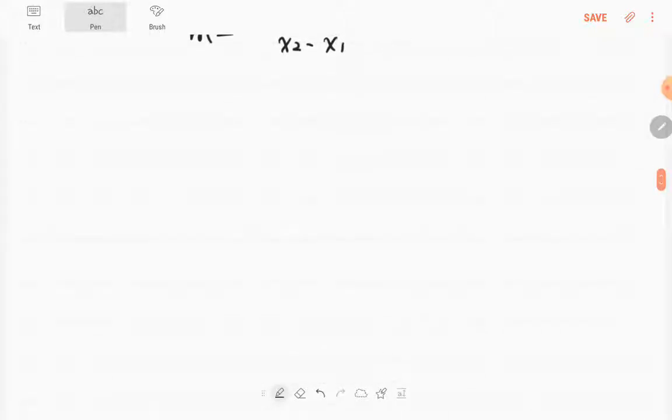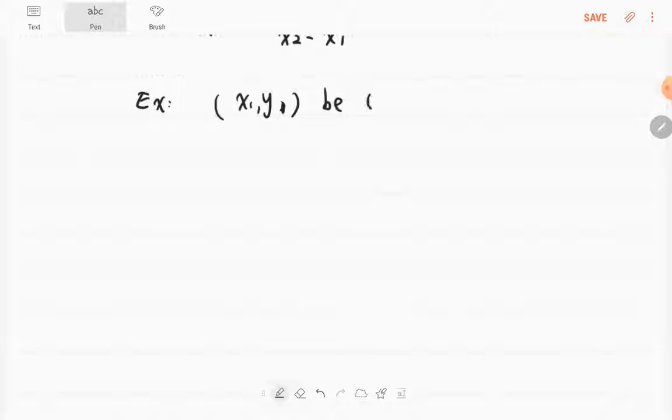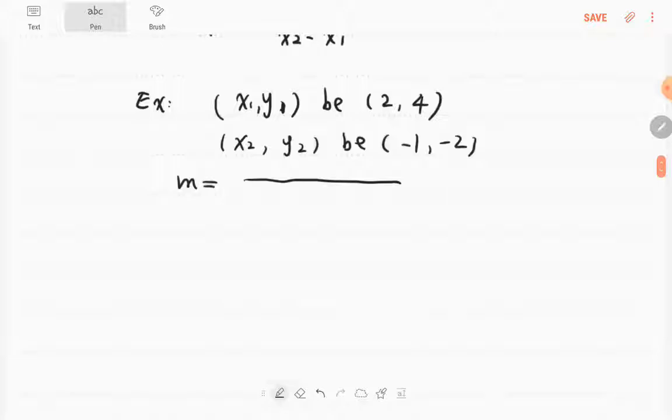So let's check another example. This time, let x1, y1 be 2, 4. We know this is our start point. Let's say x2, y2 be another one, -1, -2. If we want to find the slope m, what should we do? Remember, we always use the y for the end point. So this one is our y2, right?